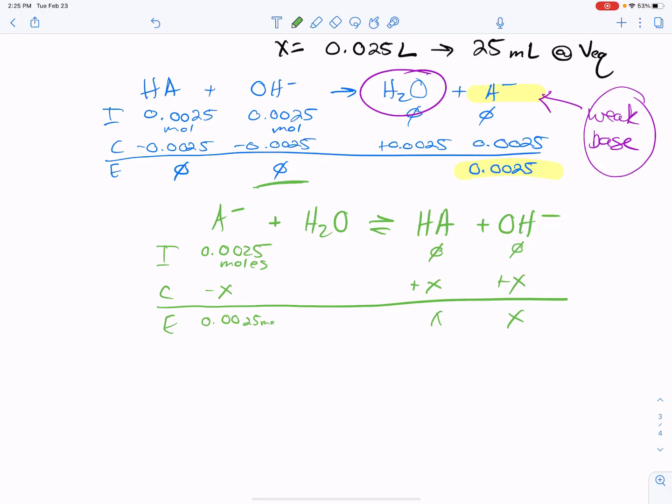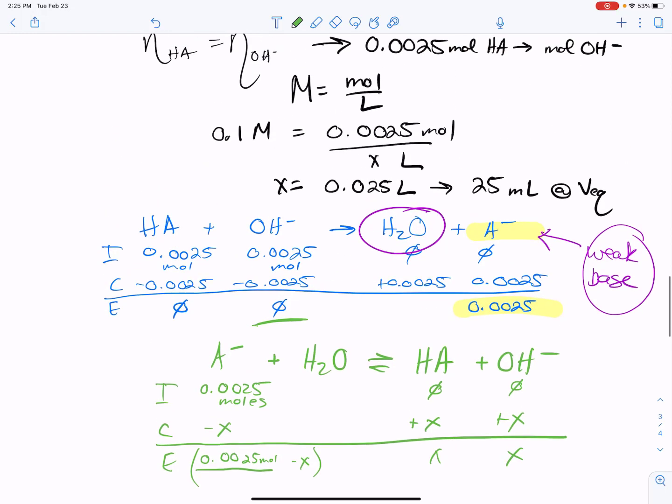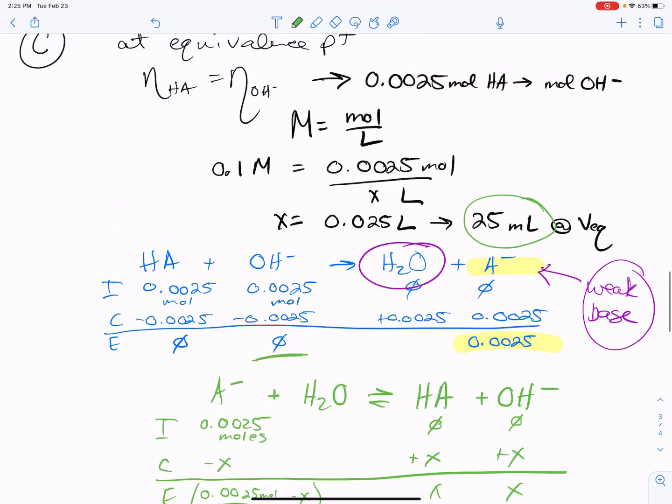But this is in moles, and this is minus x. So we need to turn this into a concentration. How do we do that? How do we get that into molarity? Well, could we just divide it by our 25 milliliters? No, because it is also interacting with the 50 milliliters that we started with initially.